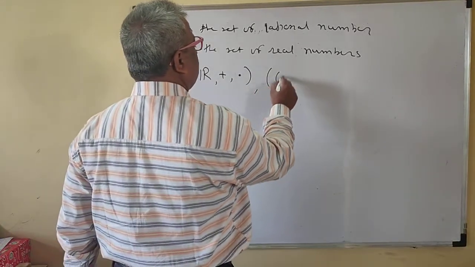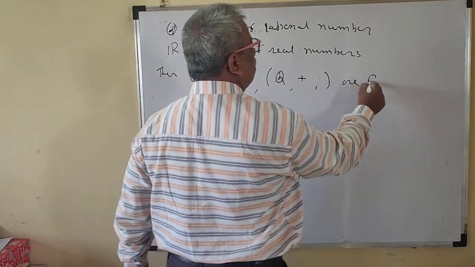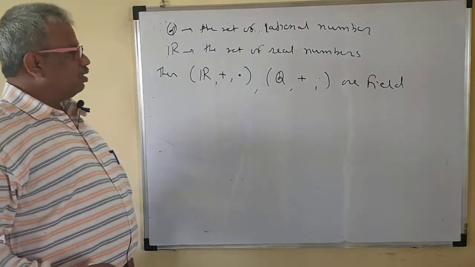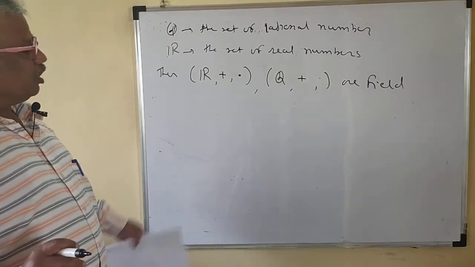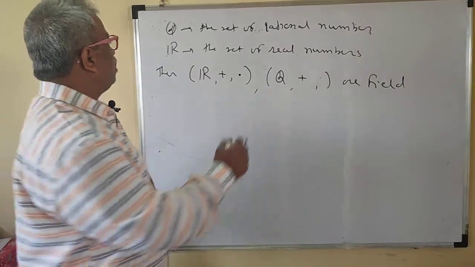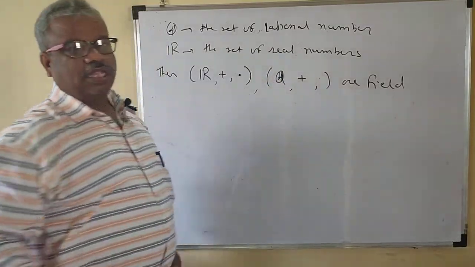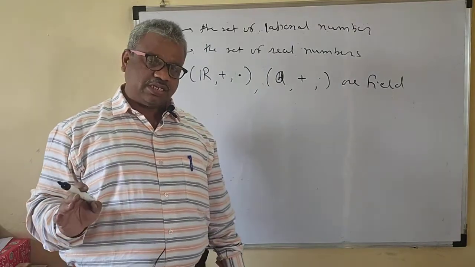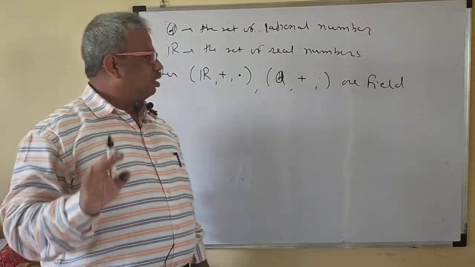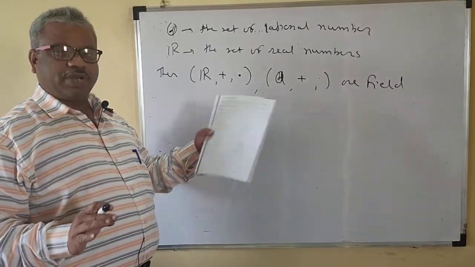Similarly, Q, plus, dot is a field. The sum of two rational numbers is a rational number, and the product of two rational numbers is also a rational number. All the 11 axioms hold for the set of real numbers and for this.